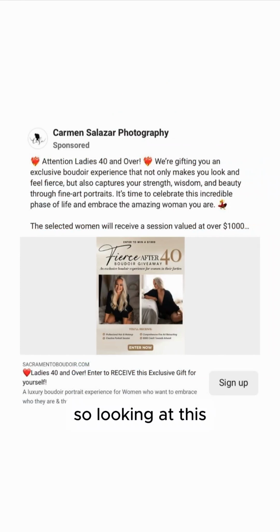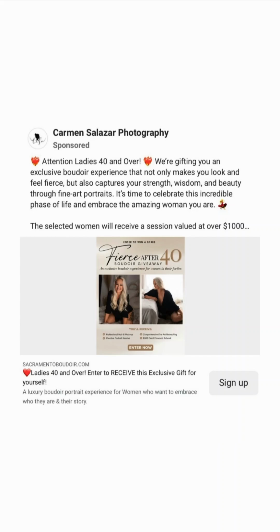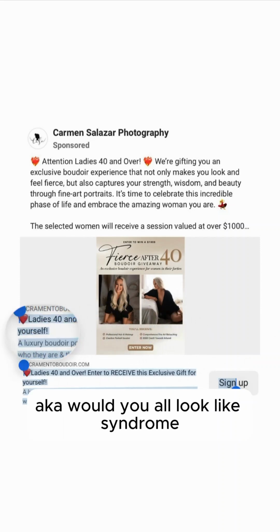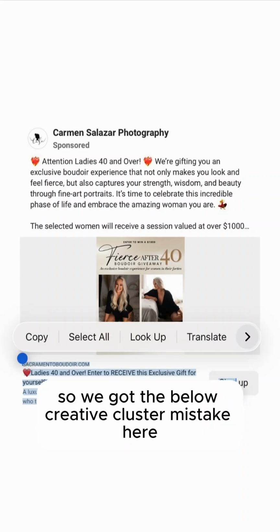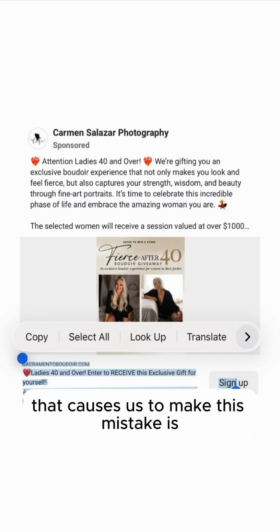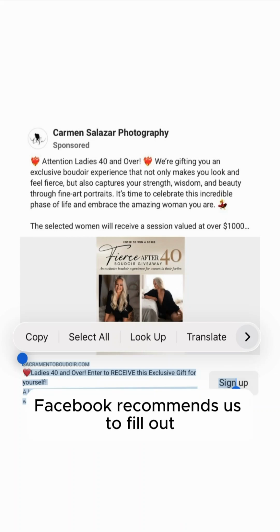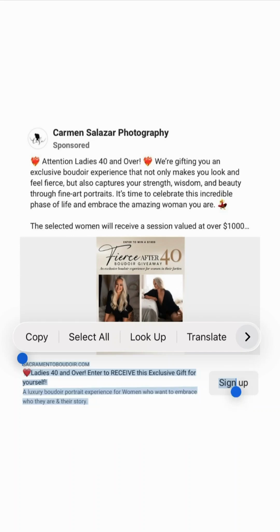So looking at this, we're actually going to diagnose it and see if we believe it has BLCS, aka Boudoir-Low-Click syndrome. So I'm looking down here. We've got the below creative cluster mistake here. The false belief that caused us to make this mistake is filling out everything Facebook recommends us to fill out when creating our Boudoir Facebook ads.